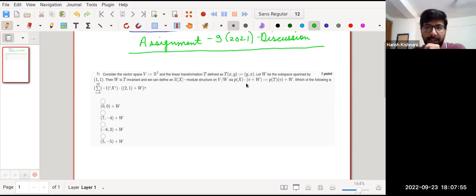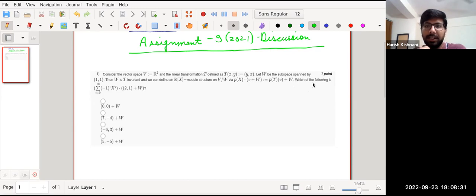The polynomial p(x) multiplied with v plus W will give you the polynomial in the linear transformation, p(T), operated over v plus W. So T is a linear transformation on V, so it's from V to V. So p(T) is also a linear transformation from V to V. So p(T) will take v to an element of V. Okay, so p(T)v is an element of the vector space V. So the map is defined in a well-defined manner.